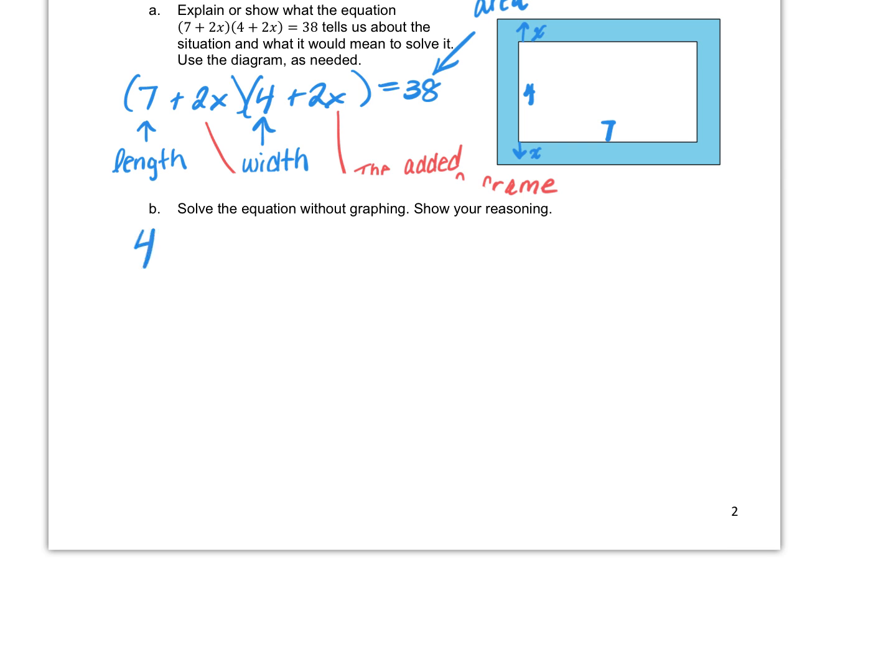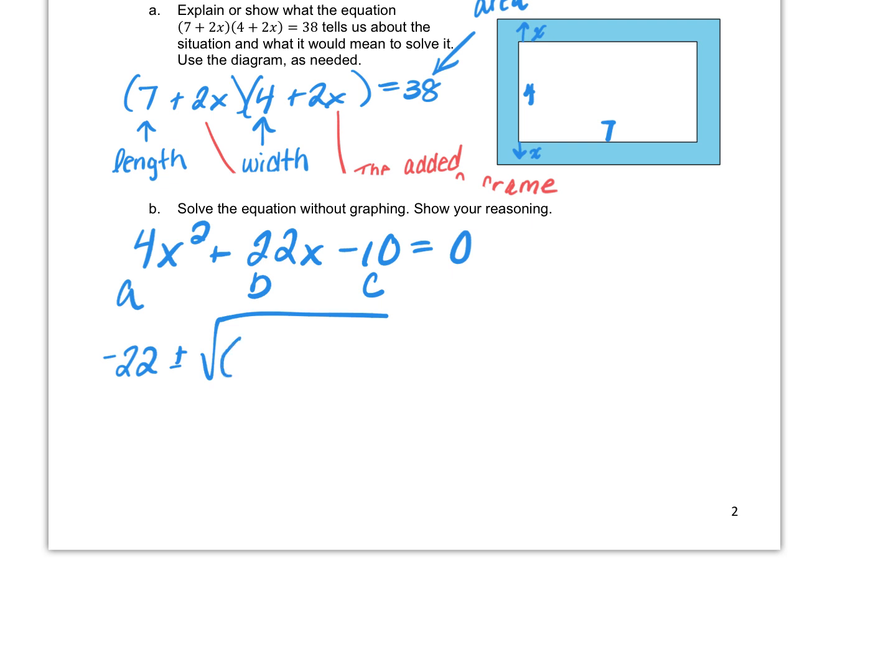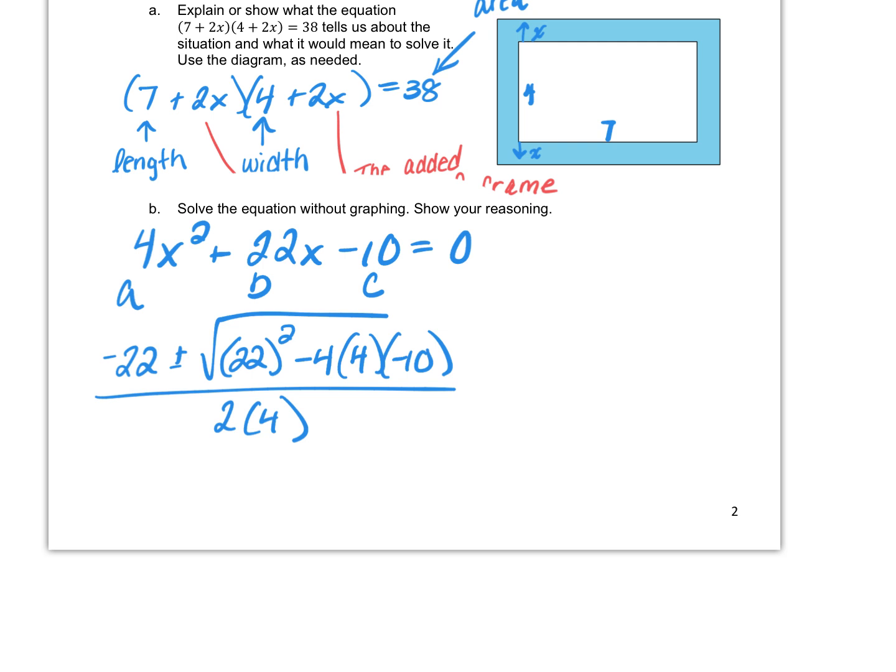Okay, so let's see. Let's rewrite that. So 4x squared plus 22x minus 10 was my equation, right? So this is A, B, and C. So when using quadratic formula, I'm going to say opposite of B plus or minus the square root of B squared minus 4 times A, which is 4, times C, which is negative 10, all over 2 times A. So this comes out to be, my radicand is 644, and my denominator is 8.